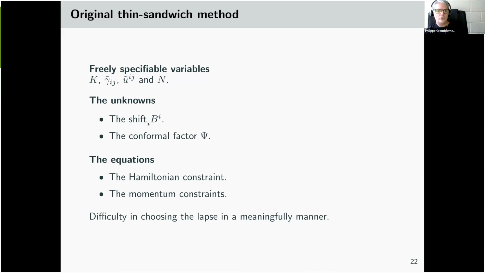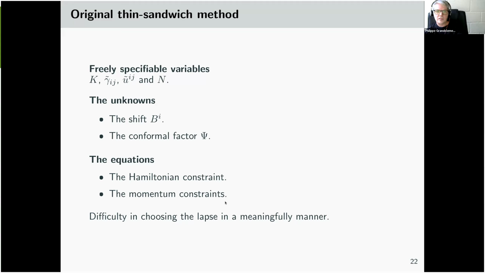And then the unknowns, the things that you are solving for, are the shift vector and the conformal factor. Those quantities are subject to two equations, which are the Hamiltonian constraint and the momentum constraint. So that's the original thin sandwich method. You choose those four quantities, and you solve for the shift and the conformal factor by solving the constraint equations.